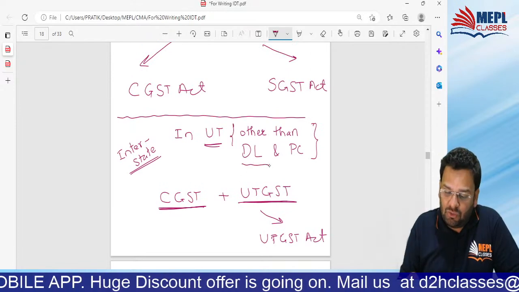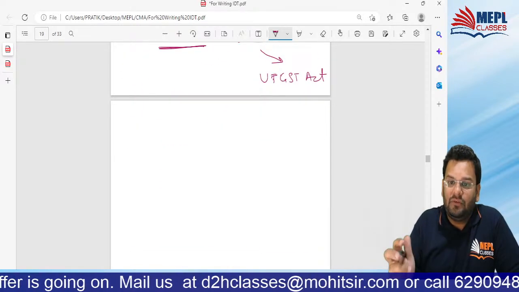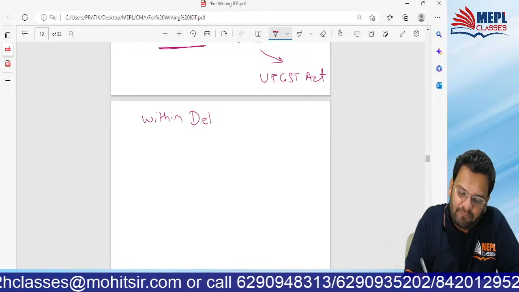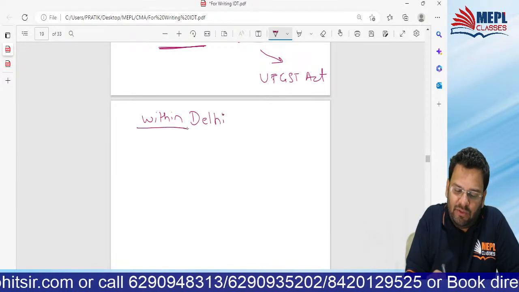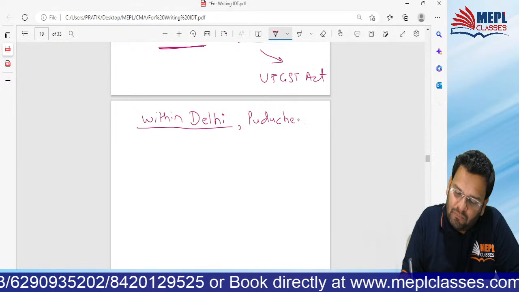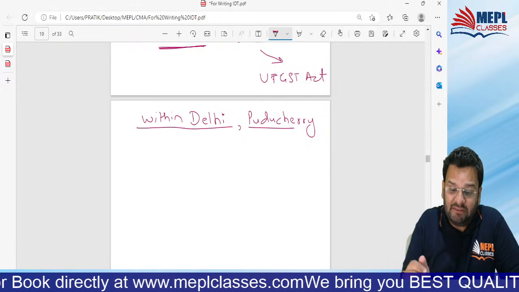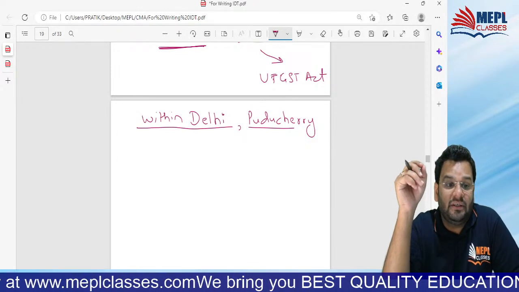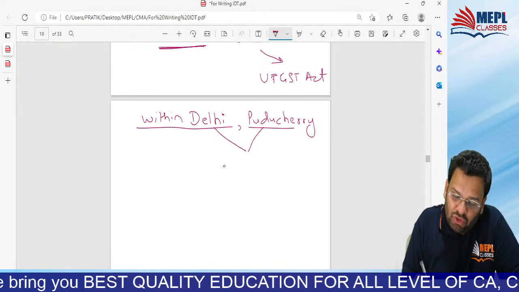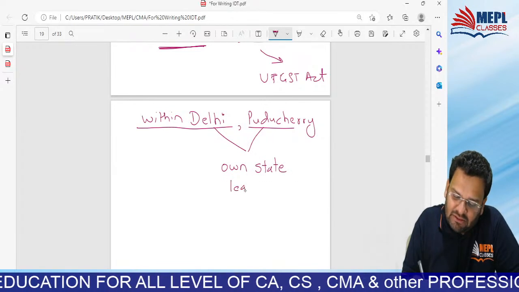So what happens with supply within Delhi and Puducherry? If supply is within Delhi or within Puducherry, please remember Delhi and Puducherry have their own state legislatures.